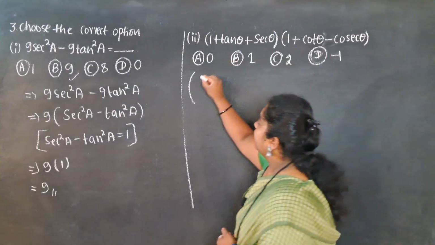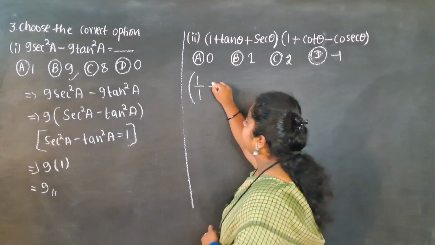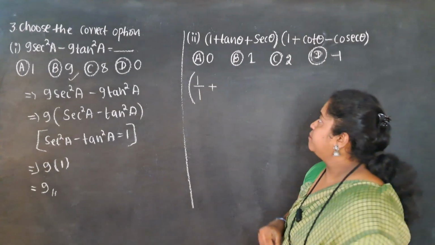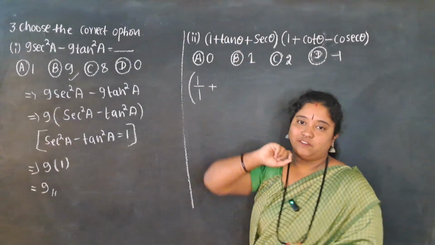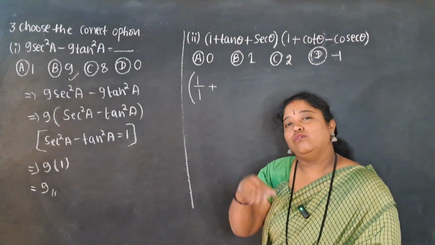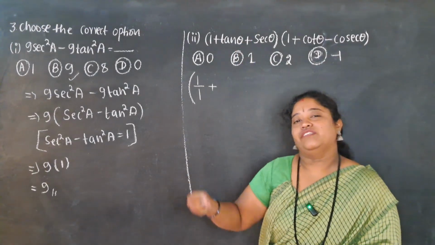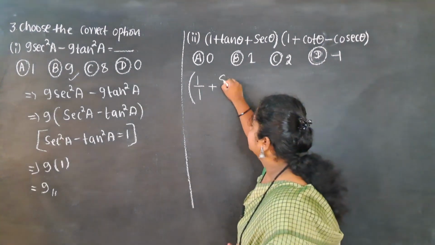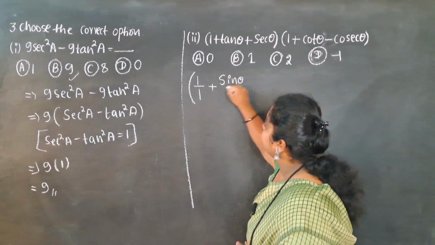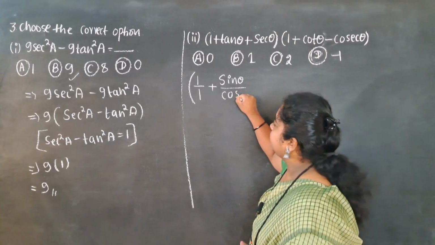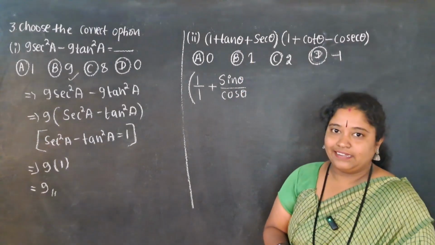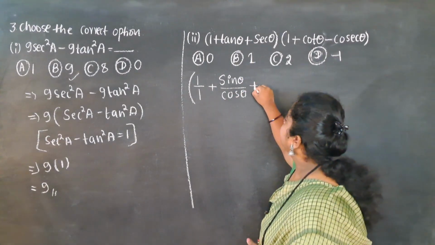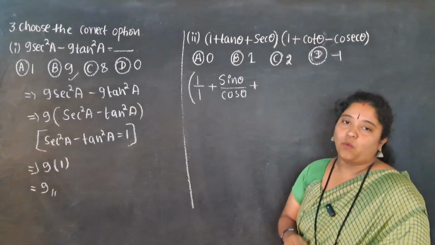Okay, see now I have one here. I'll write one by one for my simplification perspective. Tan theta is provided. If I want to write tan theta in terms of sine and cos, how do I write it? In the previous class we have discussed it. Sine theta divided by cos theta is nothing but tan theta. And after that here sec theta is provided.